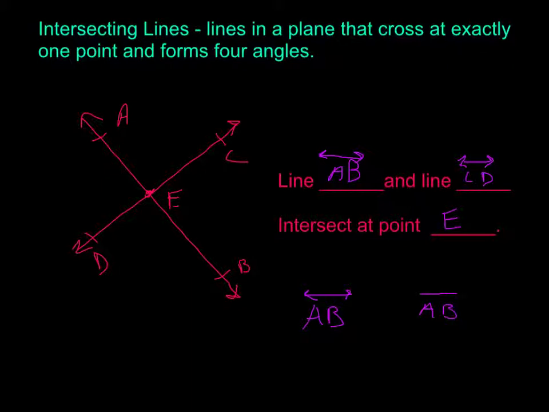But that's only if it's a segment. Otherwise, I have to draw my line with arrows to say that I'm talking about a specific line, and those specific letters which then label that line.